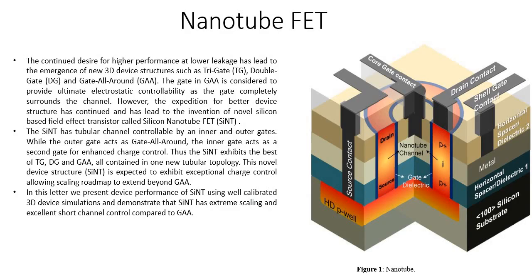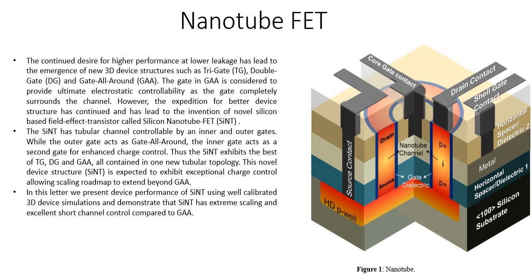Now move to the fabrication. Now I would like to show you how difficult or how easy it would be to create the nanotube structure. So here is the nanotube structure which is being fabricated. Now we can see the nanotube inside the channel. The nanotube channel is inside and out.